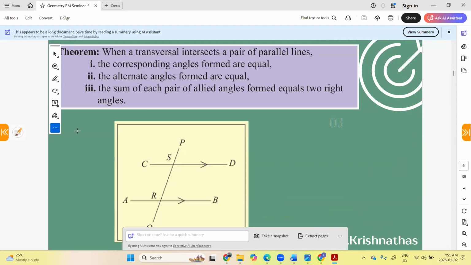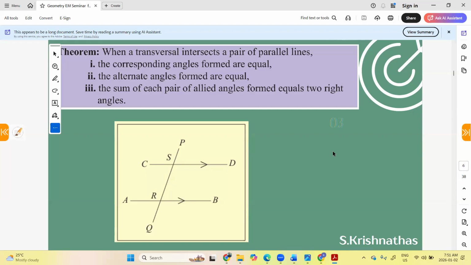Now, students, the theorem. Students, do you know this word transversal? Do you know this word transversal?